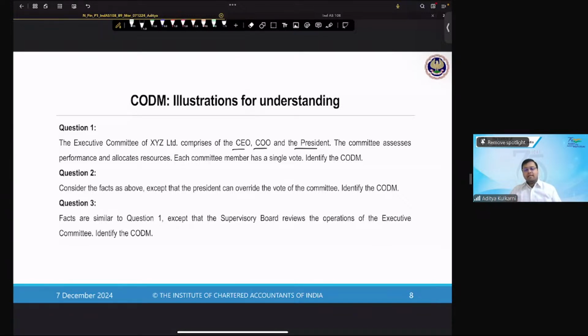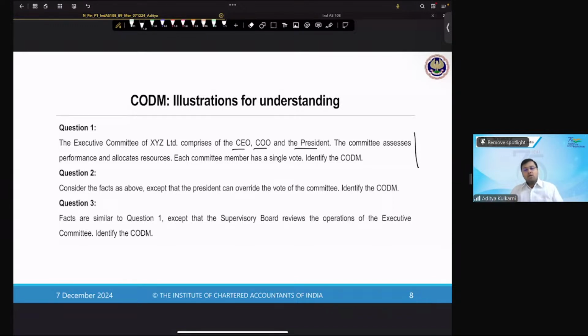The principle is that the person or group of persons which is responsible for allocation of resources, assessment of performance, and future strategic actions. So all these things in the first question are performed by the committee or by the individuals? The answer is by the committee. There is a proper voting process.